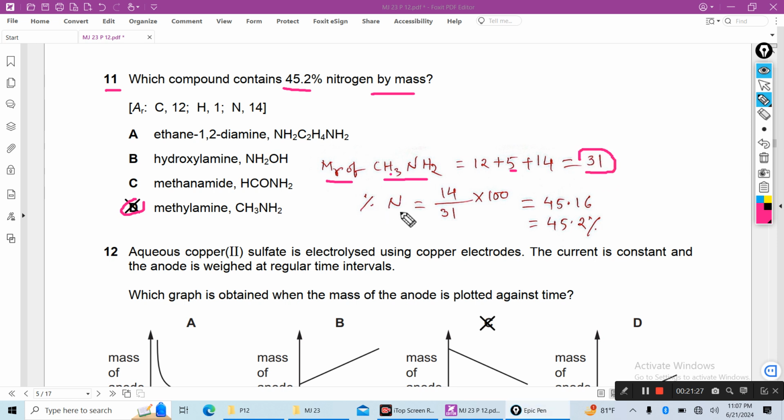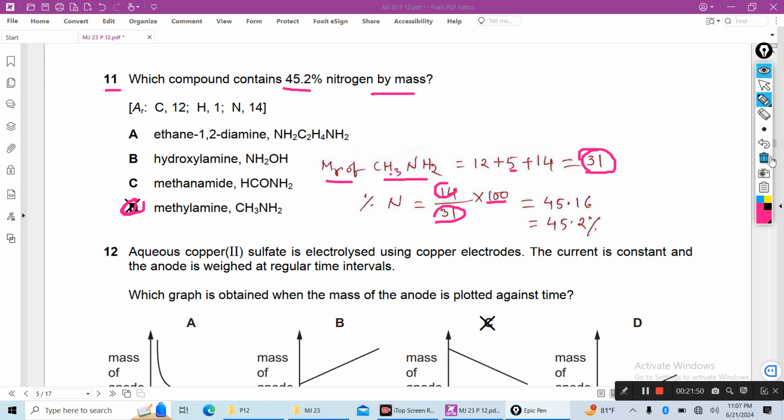Percentage of nitrogen: total mass 31, in 31 nitrogen is 14, so in 100 you will get 45.16, which means 45.2%. So this is the correct answer.